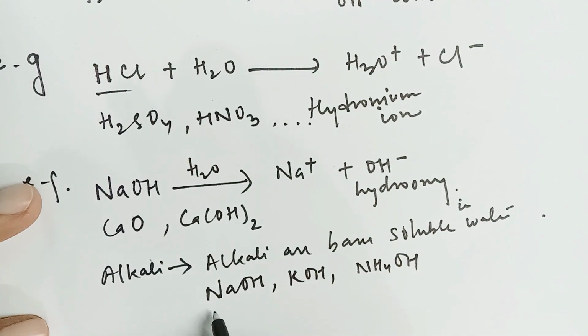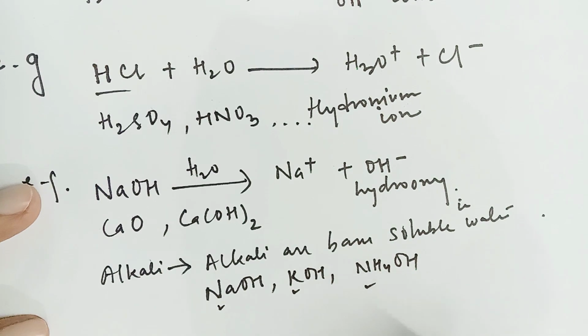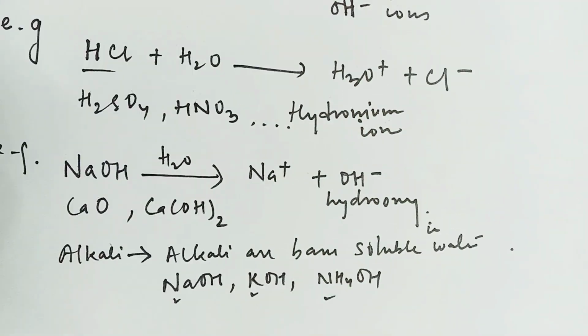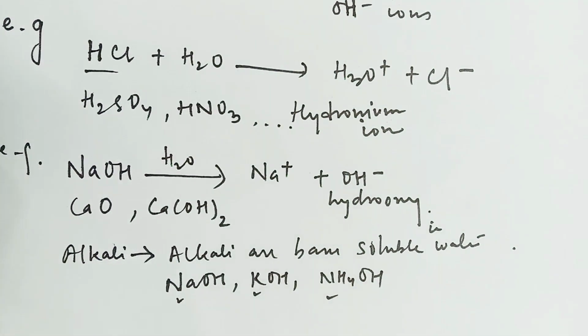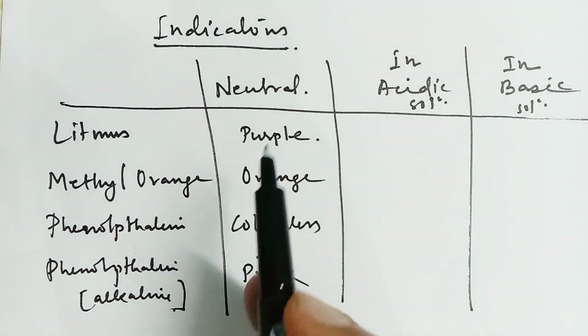Generally, the hydroxides of sodium, potassium, ammonium, and sometimes calcium are alkalis, the bases which are soluble in water. Now, what are indicators?